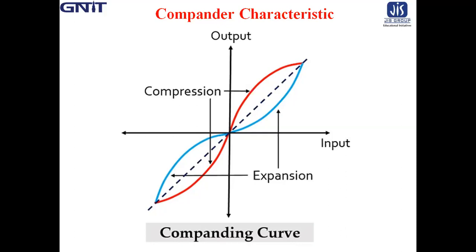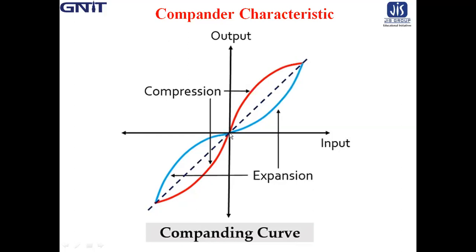See here, the red line indicates the compressor characteristic. Here it is amplified, and in that part it is attenuated, red line. And the blue line is the expander, where again the expansion is just the reverse function. If the compressor amplifies, then the expander attenuates, blue line.